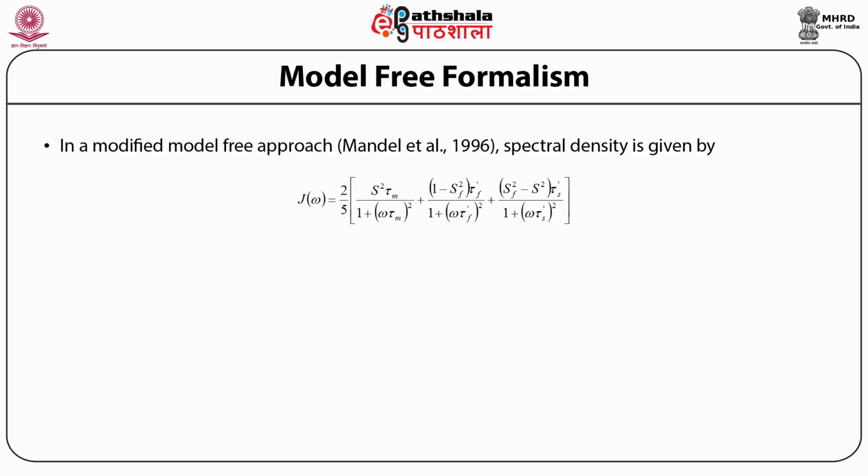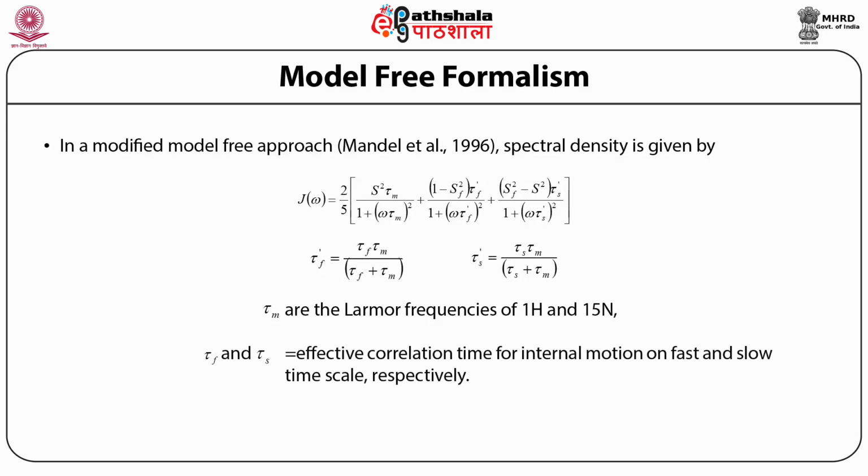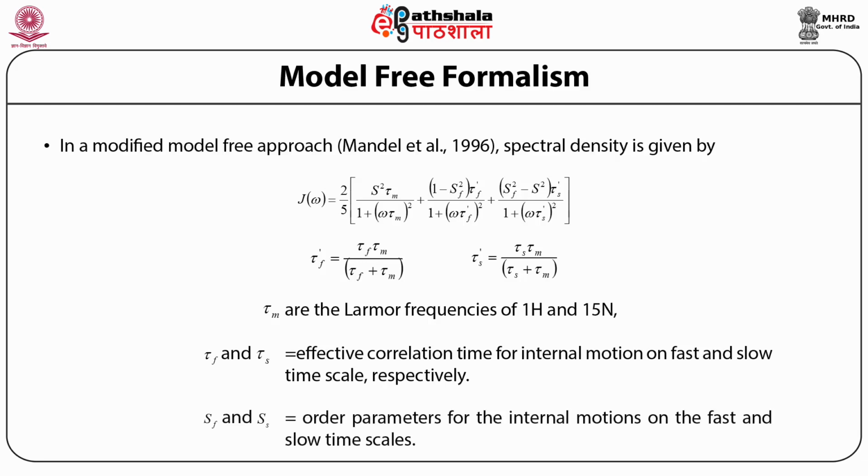And similarly, you have 3 different terms where tau F dash is given by tau F into tau M divided by tau F plus tau M, and tau S dash is given by tau S into tau M by tau S plus tau M, where tau M is the isotropic rotational correlation time, tau F and tau S are the effective correlation times for internal motion on fast and slow time scales, and SF and SS are the order parameters for the internal motion on the fast and slow time scales.